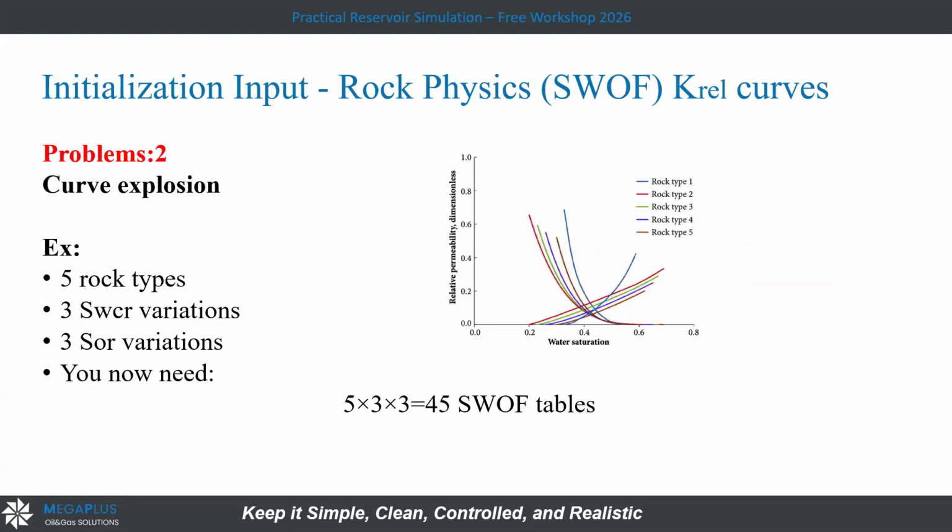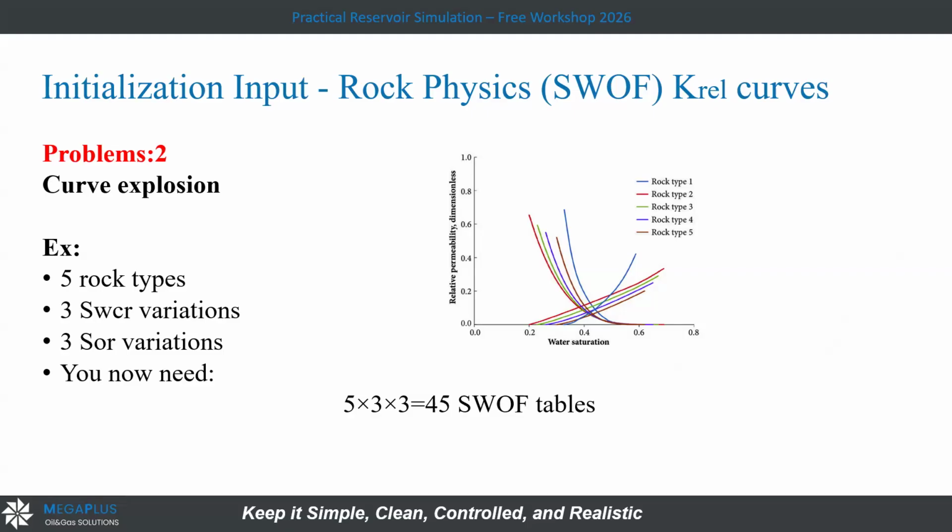A second problem that we will face before the rock physics is inserted is something called curve exclusion. What if I have relative permeability curves done from the same field, from many wells? I took cores and went to the lab, and I found many rock types, and a lot of relative permeability curves with a lot of different irreducible water saturation and residual oil.